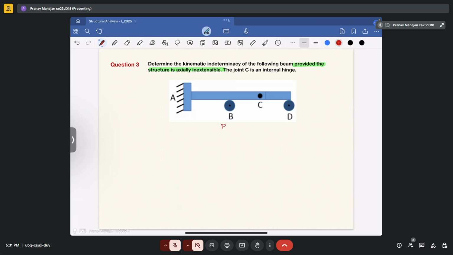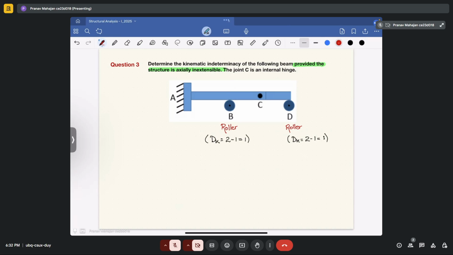So this is your roller support 1 and this is your roller support 2. In this case, your Dk should be equal to 2. But due to the presence of the axially inextensible condition, your Dk will become equal to 1. Same thing will happen in this case also. Your Dk is equal to 2, but due to the axially inextensible condition, your Dk will become equal to 1.